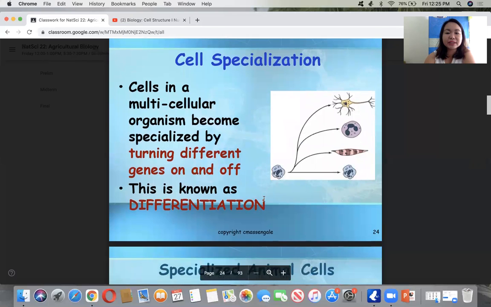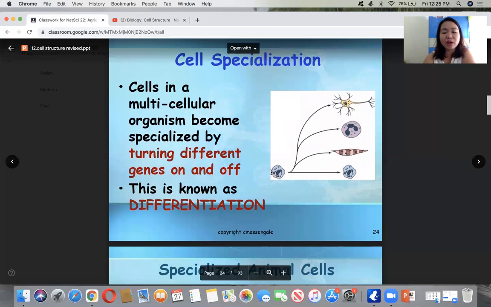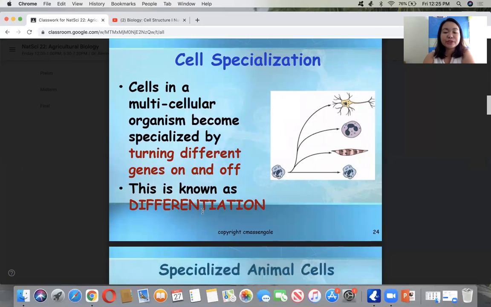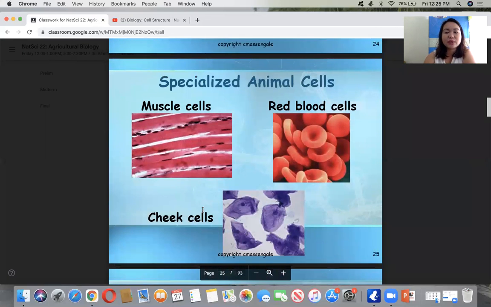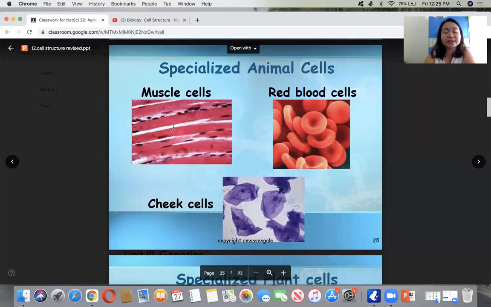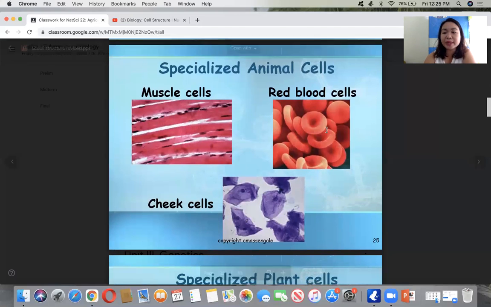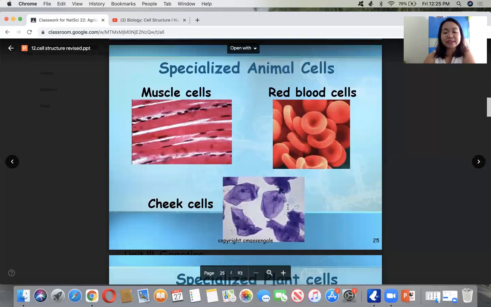Cell specialization in a multicellular organism happens by turning different genes on and off, and this is known as differentiation. The specialized animal cells include the muscle cells, the red blood cells, and the cheek cells.